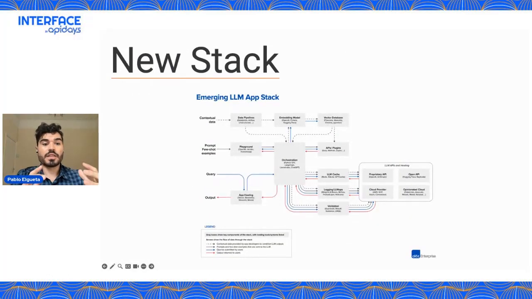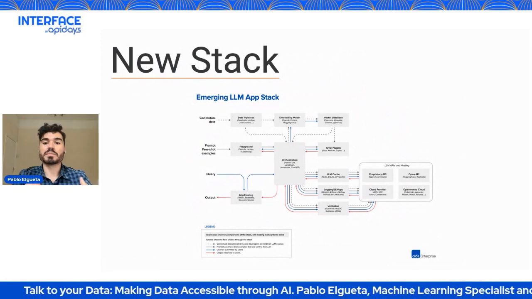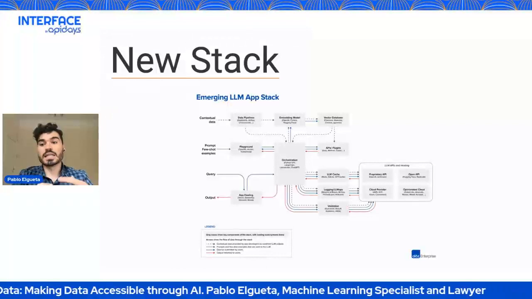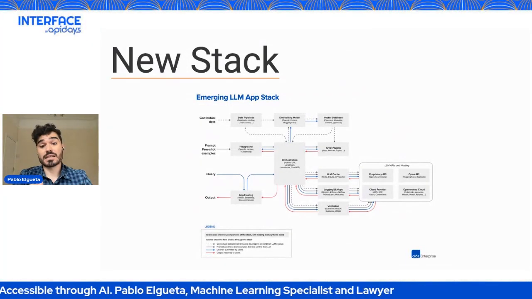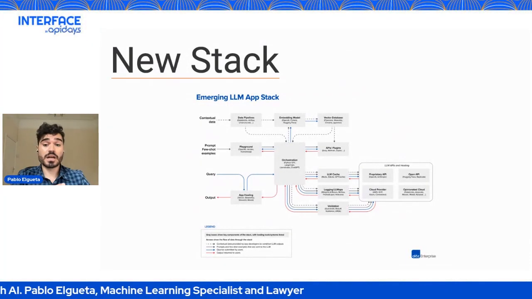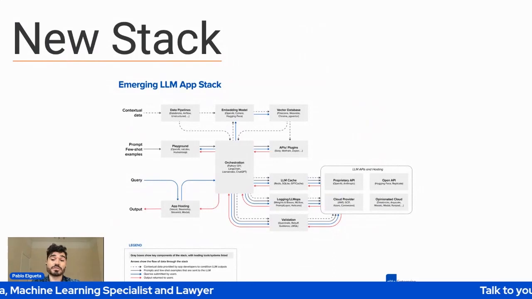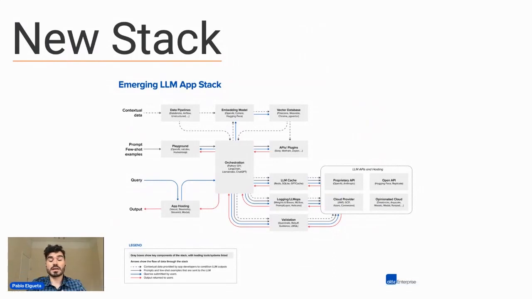Okay. So in terms of the new stack, despite simplifying the building of AI-powered applications, LLMs have given rise to a new technical stack. So we have the models themselves, OpenAI GPT 3.5 and 4, Anthropic's Claude, and various open source models. We also have embedding models, for example, which convert text into vectors, which then can be used in vector databases for retrieval.